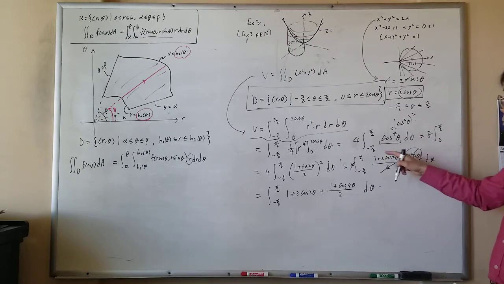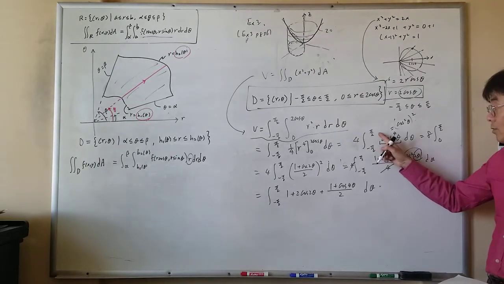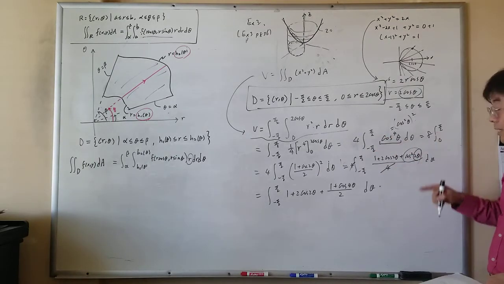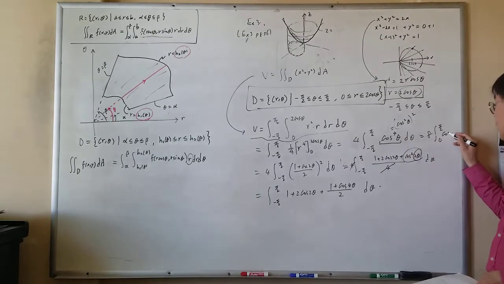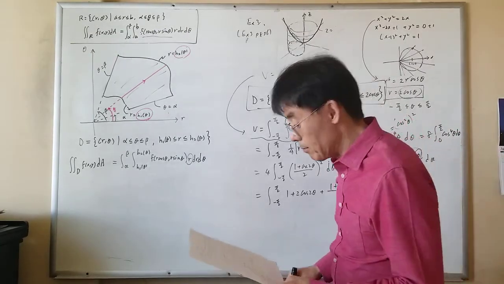Instead, you're doing from 0 to a, because it's an even function. You can do it instead from minus a to a, or 0 to a and twice. That's what they did in your textbook. Anyway, same thing. Okay?